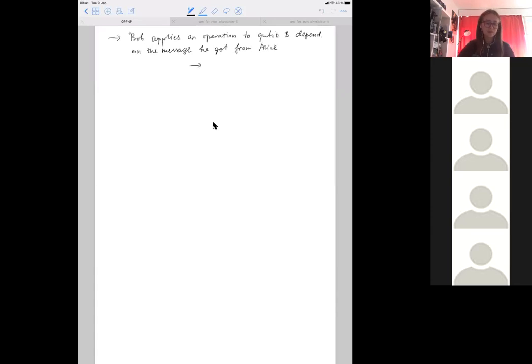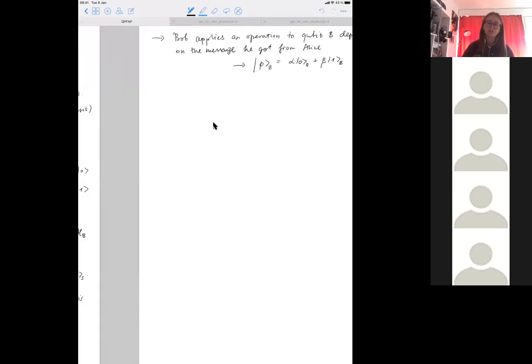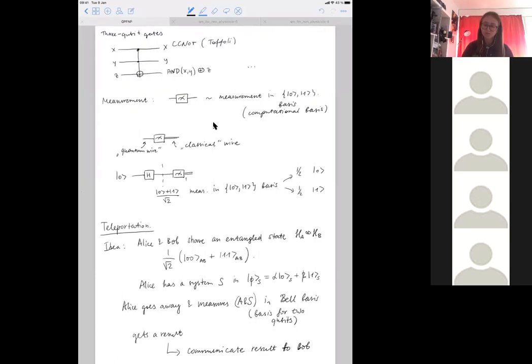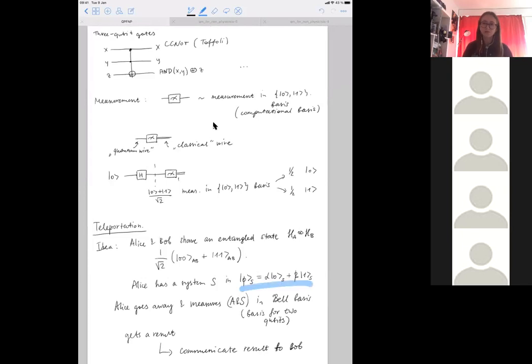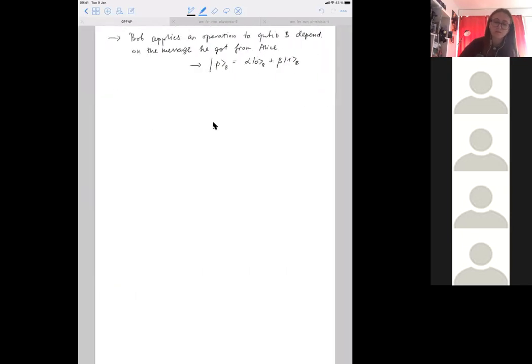And then voila, he gets exactly state phi on his side, the same state that we started with for system S with coefficients alpha and beta.